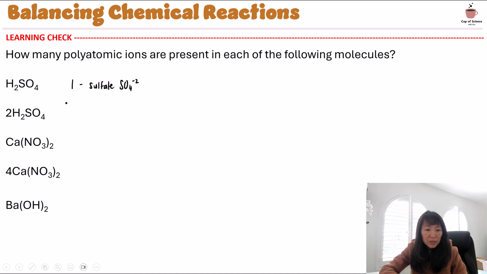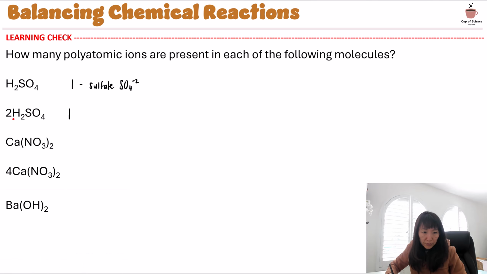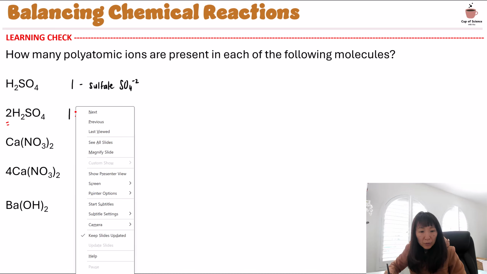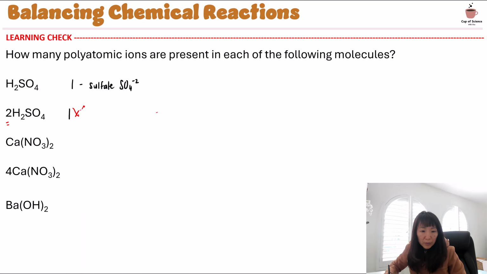Well, I do see 1 here, so 1. But I also see the coefficient. And that coefficient, you need to take into consideration. So you're going to have to multiply that by 2. Multiply that by 2.